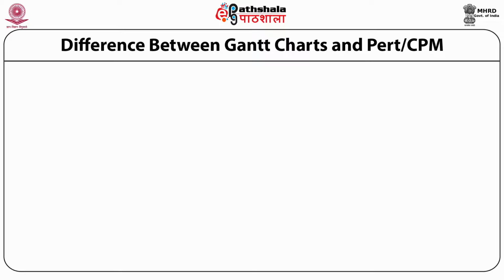Let's now take a look at the difference between Gantt charts and PERT CPM. The major differences of the two are, firstly, visualization. One of the key differences between a PERT CPM chart and a Gantt chart is the way information is presented. Gantt charts present information in the format of a bar chart.